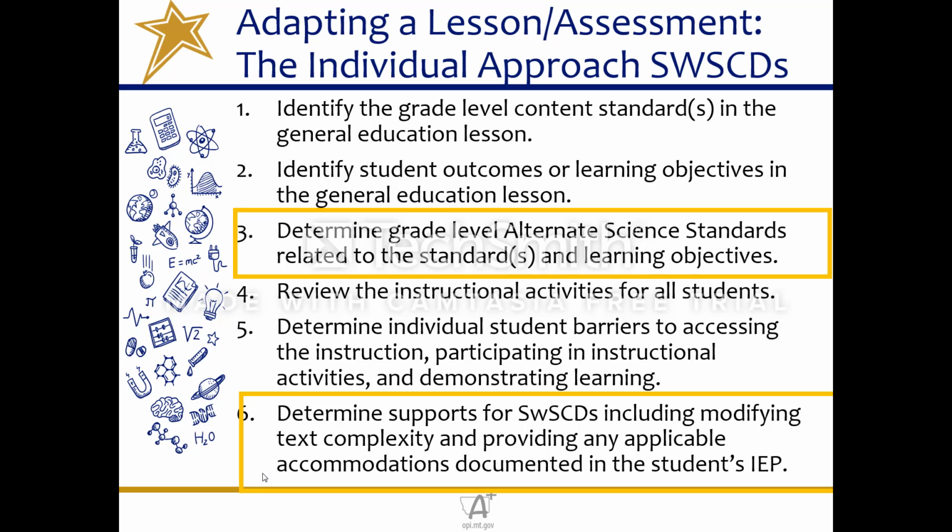The main difference is to connect the general population standard with the alternative standard and to modify based on student needs. In creating inclusive assessment and instruction, working with the special education teacher in the planning phase to get help with modifying text and considering tiered supports, modifications, and scaffolds is useful.